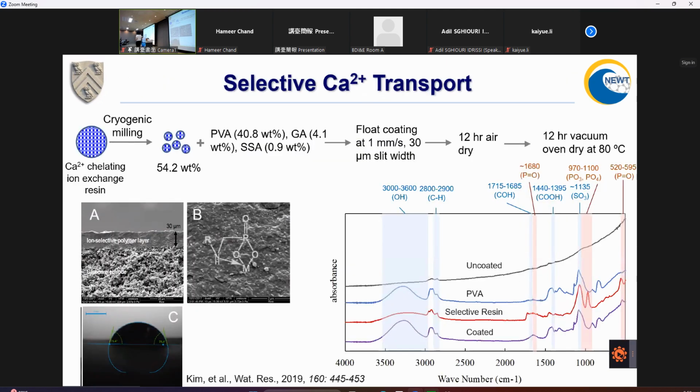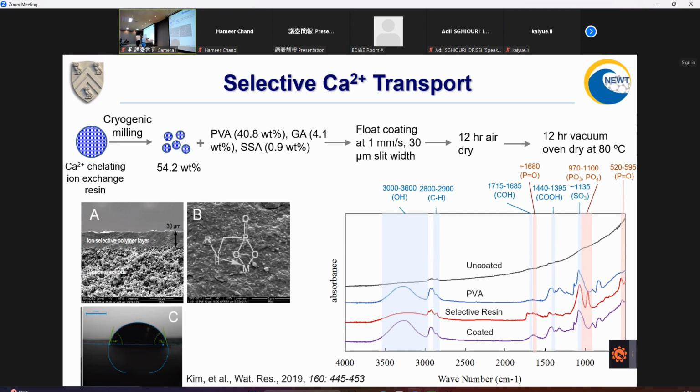The way we did that was we actually took commercial chelating resins. This is a commercial calcium chelating resin, and we mill or grind it under cryogenic conditions so that they become nanoparticles. It's very important for them to be in very small size, and I'll explain a little bit later why. We mix it with our cross-linker and our monomer, which is in this case sulfonated, so we have a cation exchange membrane.